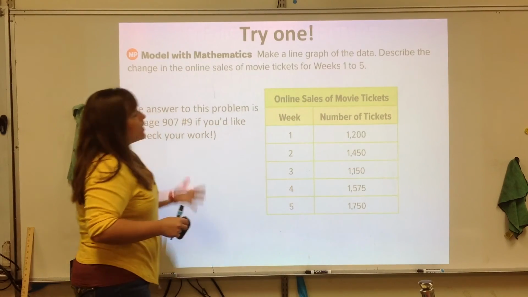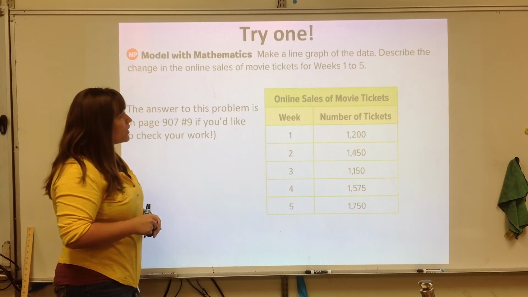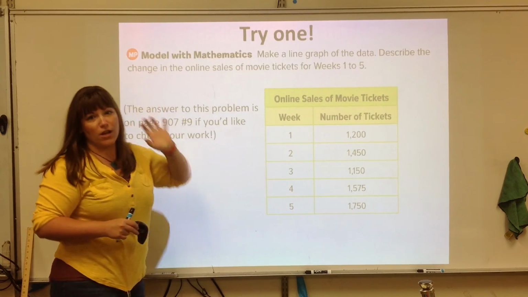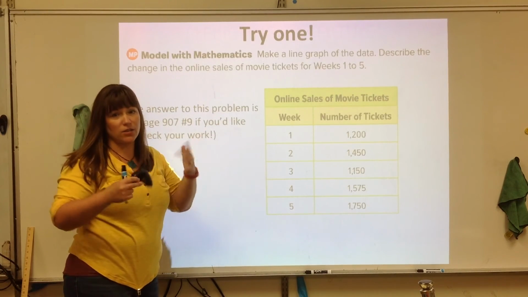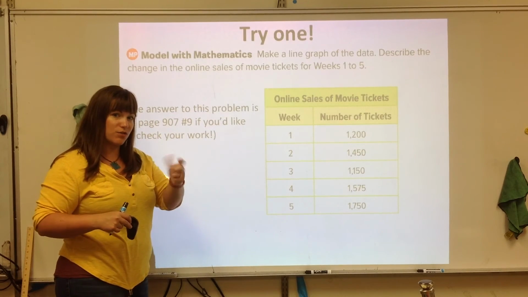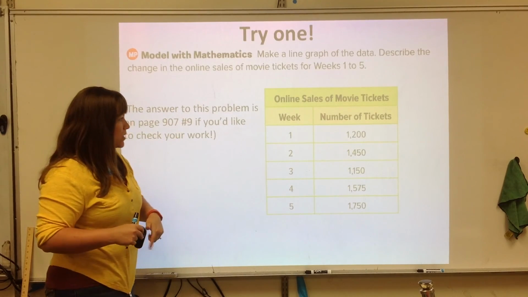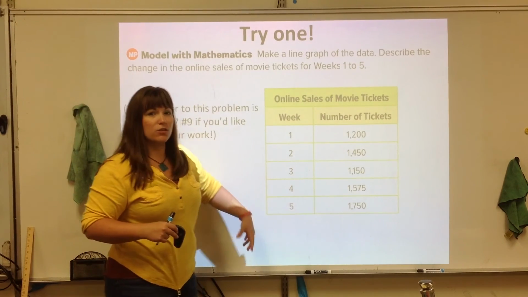The last thing I will have is for you to try to make a line graph on your own and describe the change. That's simply saying, is the data increasing, decreasing, or if it's a broken line graph, telling me what intervals or what time frames it's increasing and which time frames it's decreasing. In this case, we're talking about weeks.